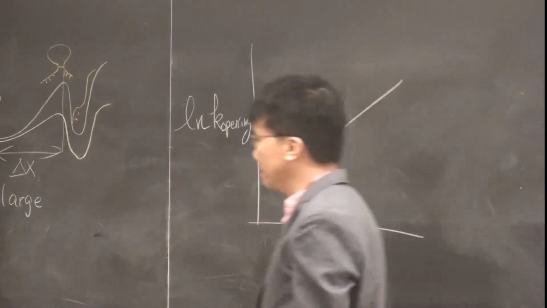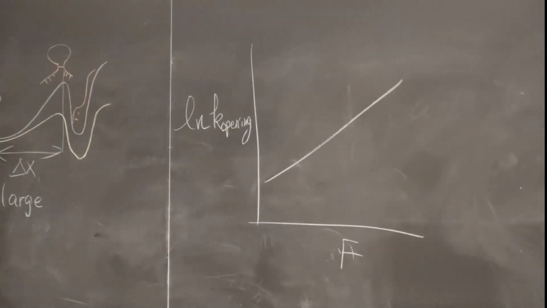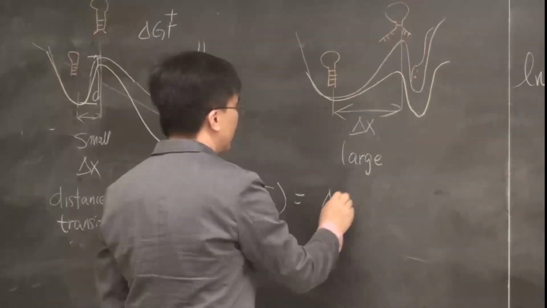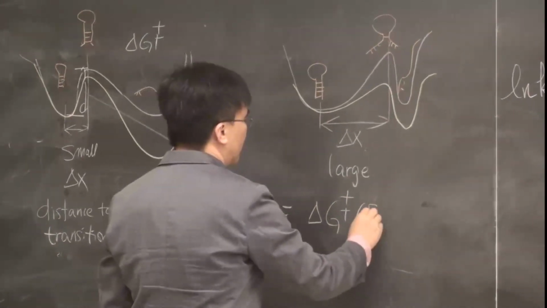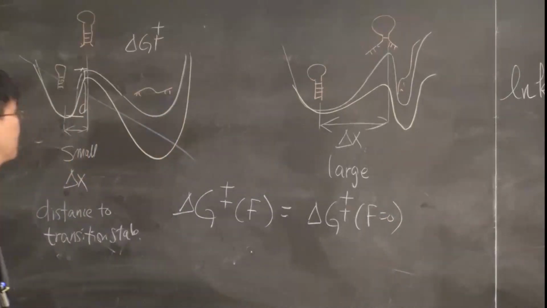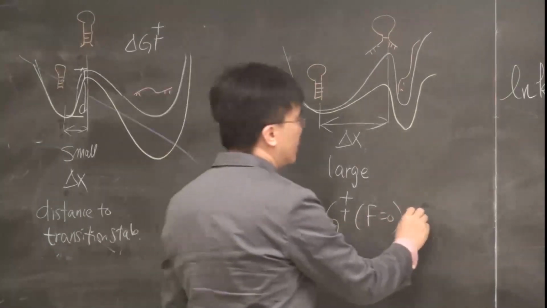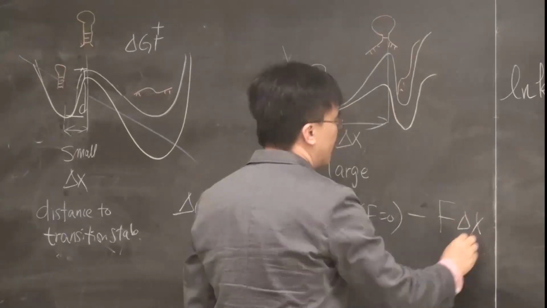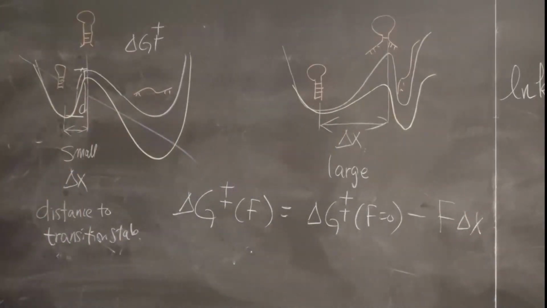That's because, let's say initially I had a barrier height of delta G dagger, but then the new barrier height after I apply a force will be the zero-force barrier height minus F times delta x.